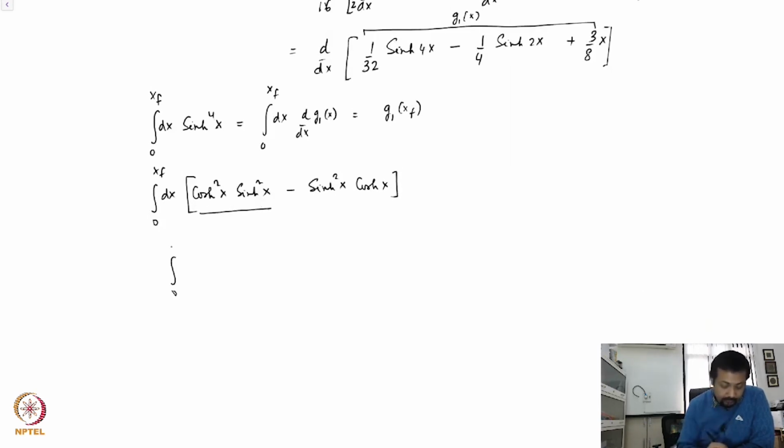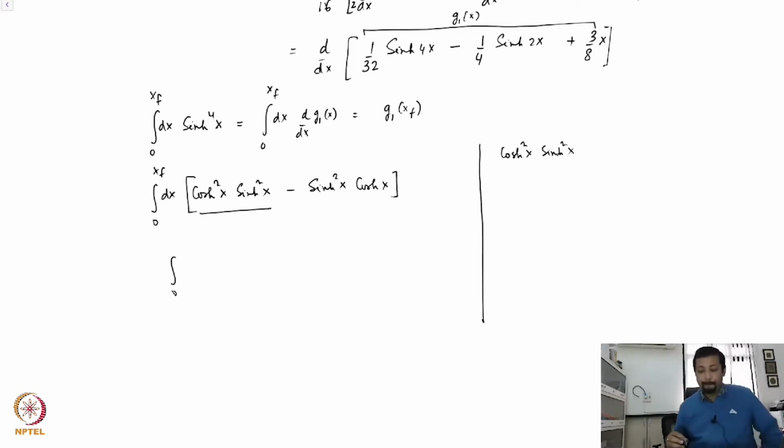Yeah, so let's look at this. So here let us do the calculation, cos square x sin square x. This is going to be e to the power x plus e to the power minus x whole square times e to the power x minus e to the power minus x whole square, each divided by 2.